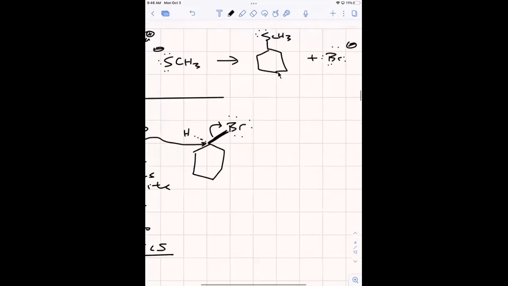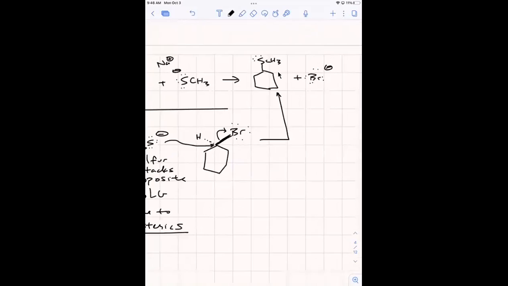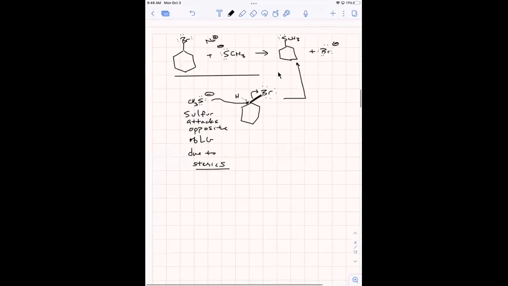It's all concerted, and that's how I get to here. Again, this is not chiral. I'm just showing this with a wedge and a dash so you can understand the nucleophile coming opposite of where that bromine is. It'll never come from the same side. All right. So that's that.